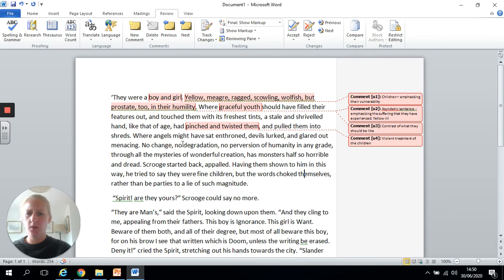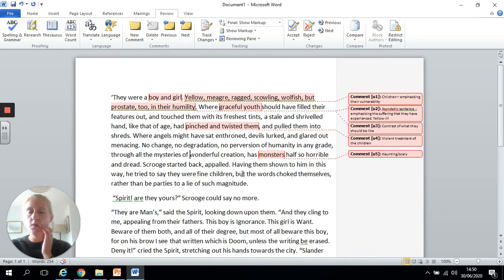And it almost escalates. They're not this wonderful creation, they've become monsters. They're almost haunting or scary. It's a bit of a weak adjective choice, but that's what they are.